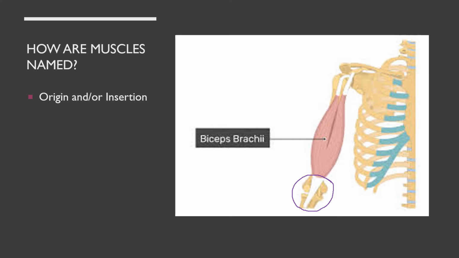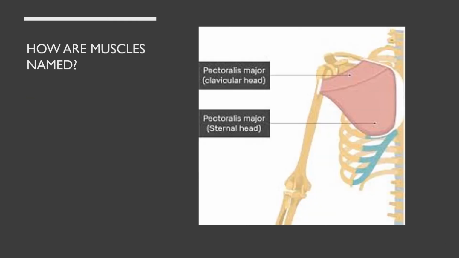When you're taking blood or inserting an IV, the brachial artery runs right through here. So that's why it has its name brachii, because it goes over the brachial area. The biceps brachii is named because its insertion point goes over the brachial area.